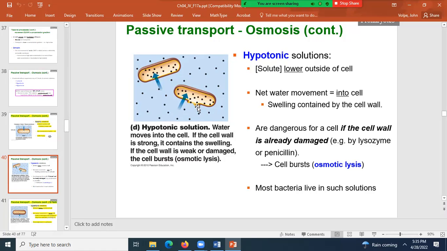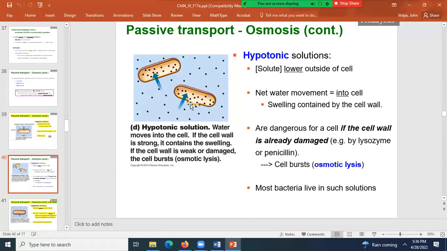And in a red blood cell, that plasma membrane would expand until it would burst. And then the cell would die because the contents of the cytoplasm would leak out of the cell. That is called osmotic lysis, when water moves into the cell, causing the cell to burst.